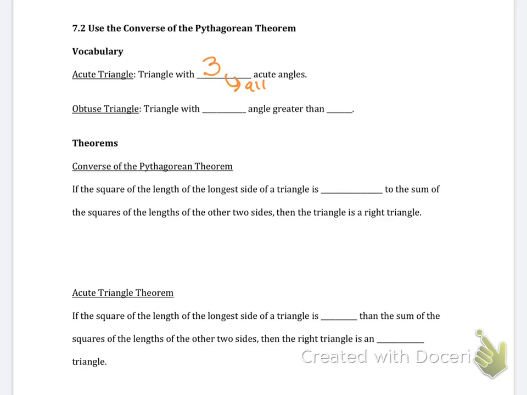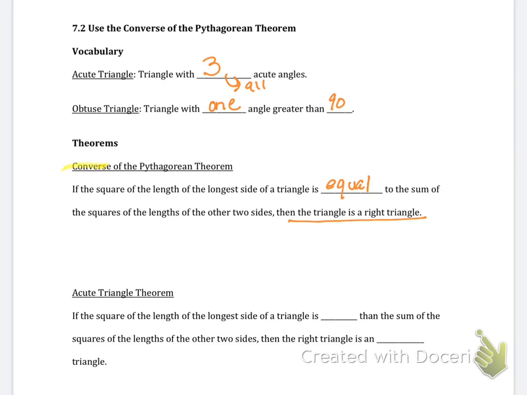Obtuse triangle means one angle is greater than 90, because of course they have to all add up to 180. So the converse of that theorem we had yesterday, or last class, said a squared plus b squared equals c squared. So this one is the converse, meaning if the square of the length of the longest side of a triangle is equal to the sum of the squares of the length of the other two sides, then you can conclude it is a right triangle.